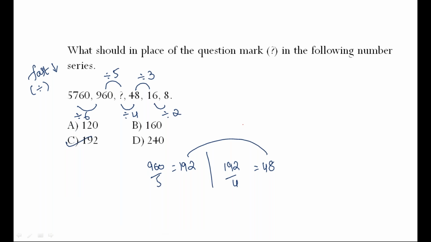So you always need to check what should follow next. Hope you got 192. Then once you divide by 4, hope you got the next one or not. Yes, we got the next one, 48. Excellent, friends. Now let us go for the next question once you are done with this.